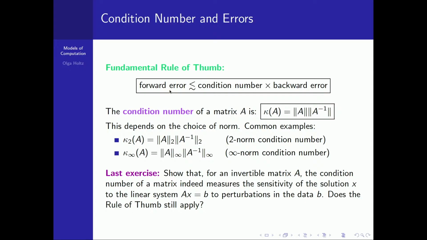For an invertible matrix A, the condition number as defined here, with the vector norm inducing the matrix norm, will be a measure of the sensitivity of your solution X to the linear system AX equals B, to perturbations in the data, which is your right-hand side B.